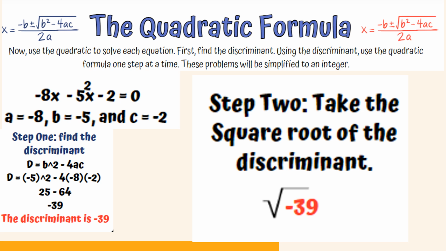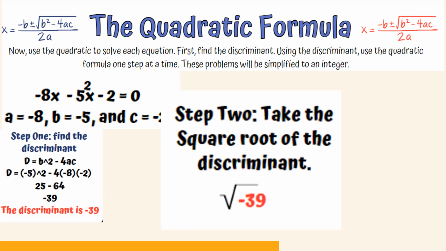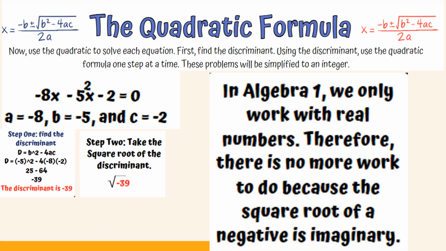So step 2, take the square root of the discriminant, which we can't do. Once again, in Algebra 1, we only work with real numbers. Therefore, there's no more work to do because the square root of a negative is imaginary.